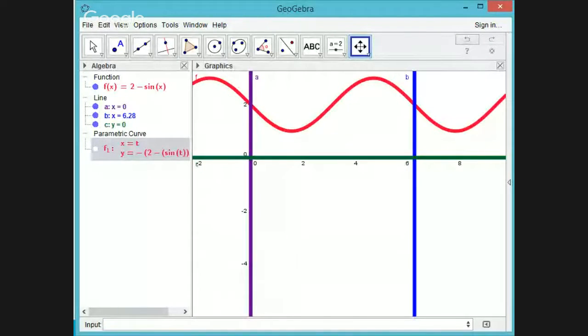Okay, you can see the red curve here is the curve 2 minus sine x. The vertical purple curve is the line x equals 0. The blue vertical curve is the line x equals 2 pi, and the green horizontal curve is the line y equals 0. So basically the green line is the x-axis, the purple line is the y-axis, the blue line is x equals 2 pi, and the red curve is the curve 2 minus sine x.